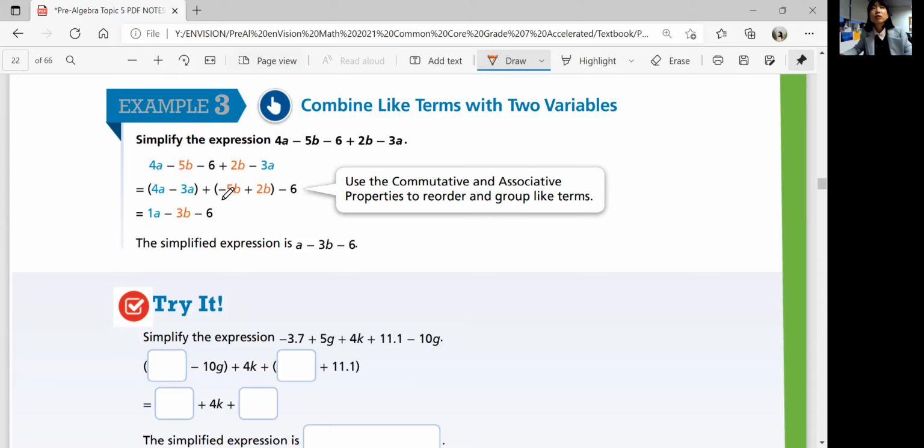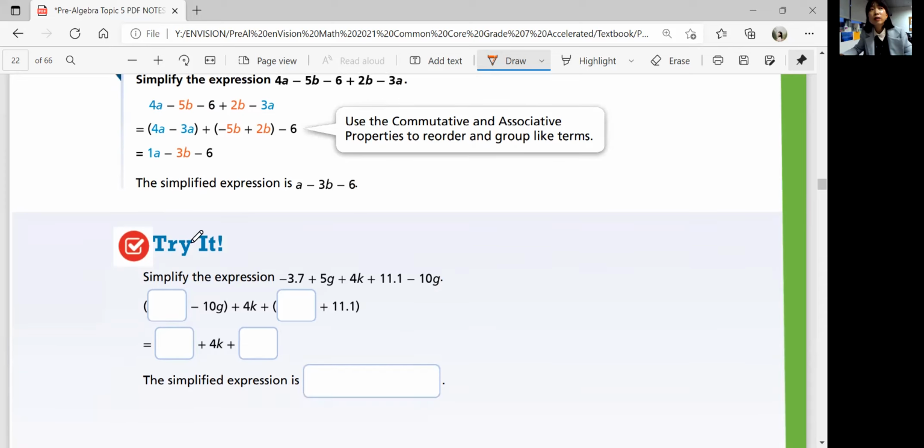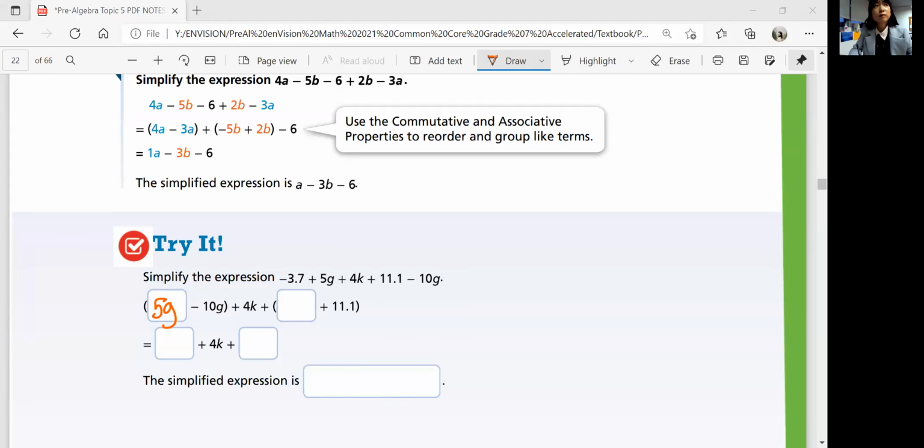Okay, so let's try this problem. Can you add the like terms even if there are two different variables? So simplify this expression. We're going to group the G's together. We have 5G minus 10G. And then K is just K. And then you have -3.7 and 11.1.